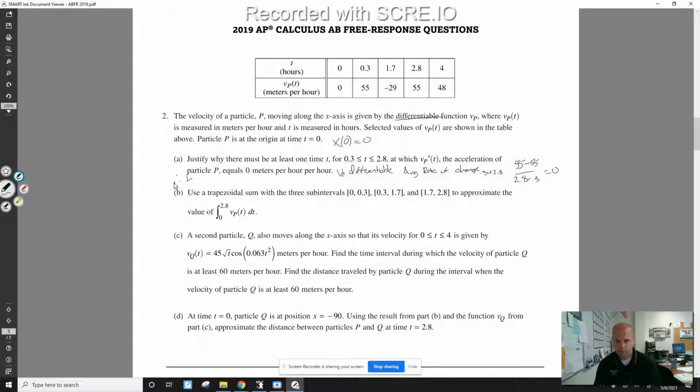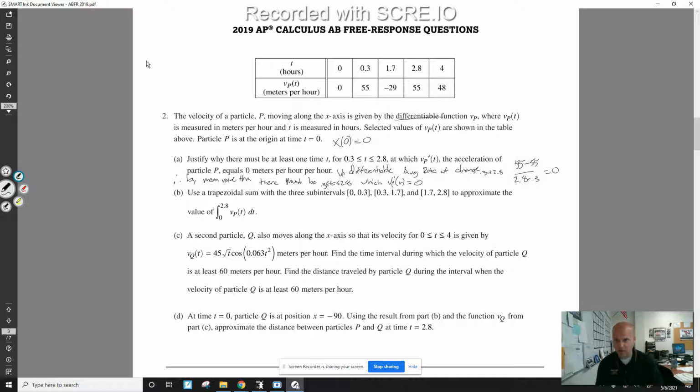Therefore, by the mean value theorem, there must be a time t between 0.3 and 2.8 at which v prime of t equals 0.